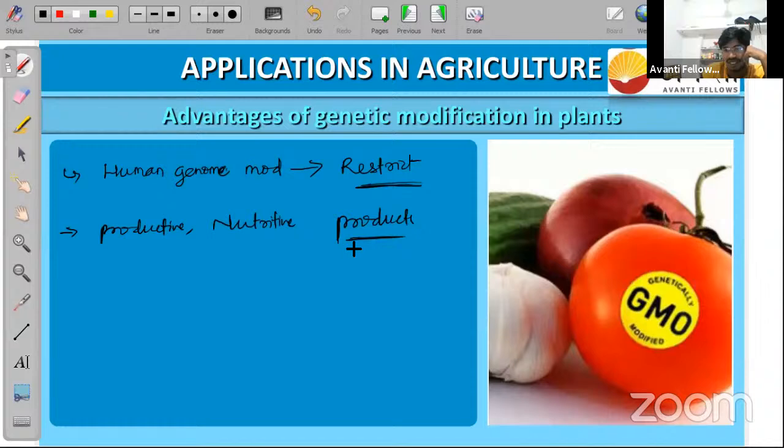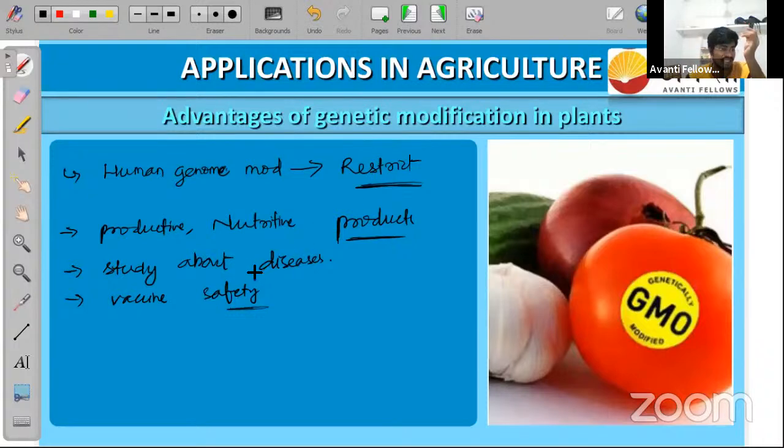Along with that, we can study certain diseases, different types of diseases. We can check vaccine safety and medicine safety. In different ways we can use genetically modified organisms. We will talk about vaccine safety and study of disease in detail. Okay, let's move to the next part.